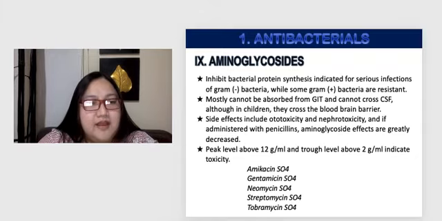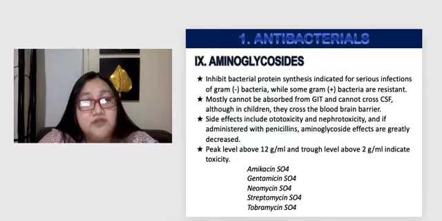So, ang amikacin, no, it can be for amikacin and gentamicin both, no, for serious infection, sepsis, respiratory infection, systemic infection. Si neomycin, pwede rin niyang gamitin to cleanse the bowel before abdominal surgery.